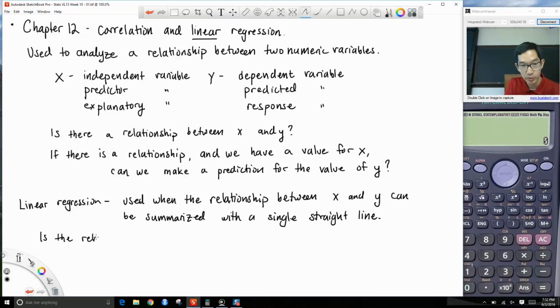This should be your first question. And then the only real way to answer this is to plot the data, okay?